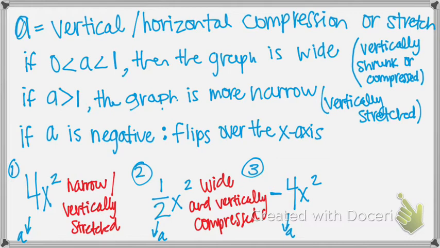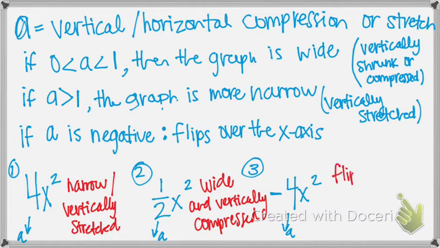All right. Now number 3. Number 3 does 2 things. We look at the negative sign and we look at the number. Okay? The negative sign means that it flips over the x-axis. Anytime you see a negative sign, that's what it means when you're doing transformations. It flips. All right? So, 2 things it does.